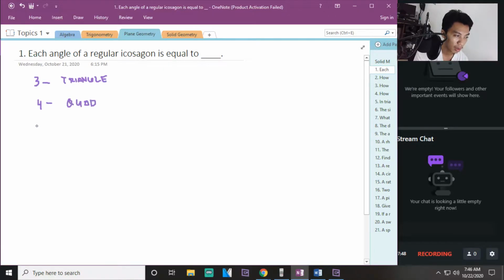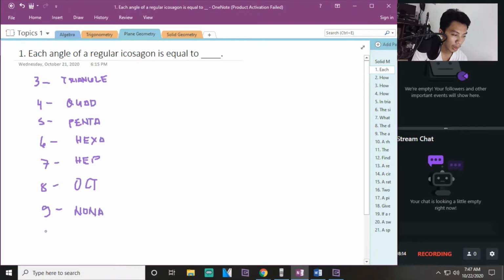Ayan. 5 side, pentagon. 6, hexagon. 7, heptagon. 8, octagon. 9, nonagon. Kapag 10, decagon.